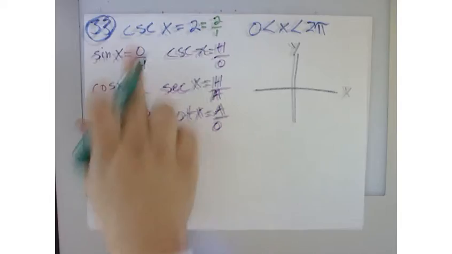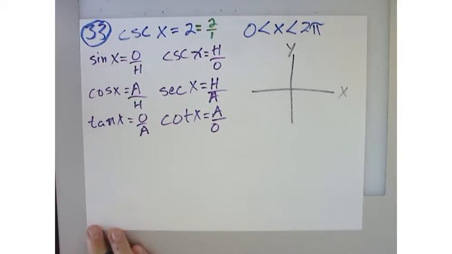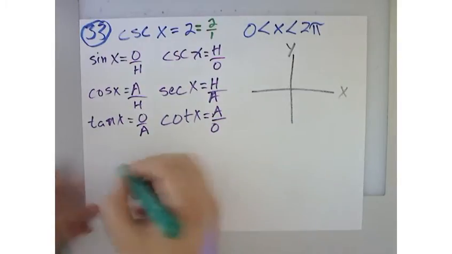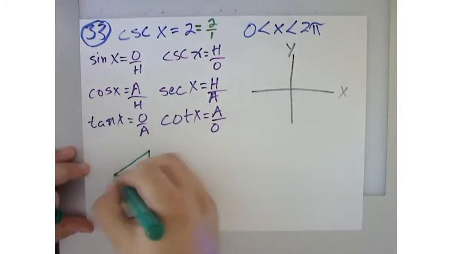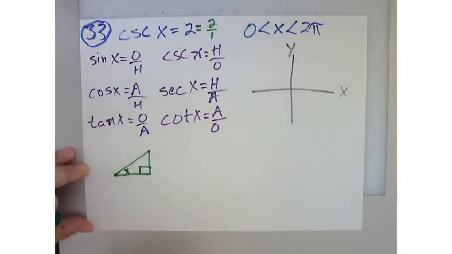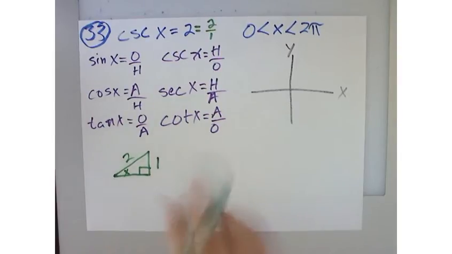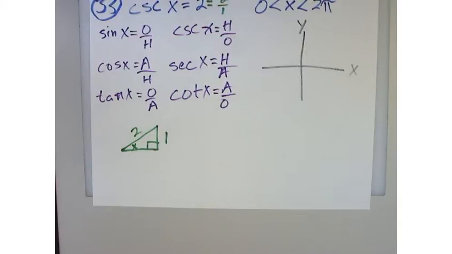So cosecant of x is going to be the hypotenuse of 2 over the opposite of 1. So we orient toward this, where this is the angle x, the hypotenuse would be 2, and the opposite, the side across from the angle x, would be 1.